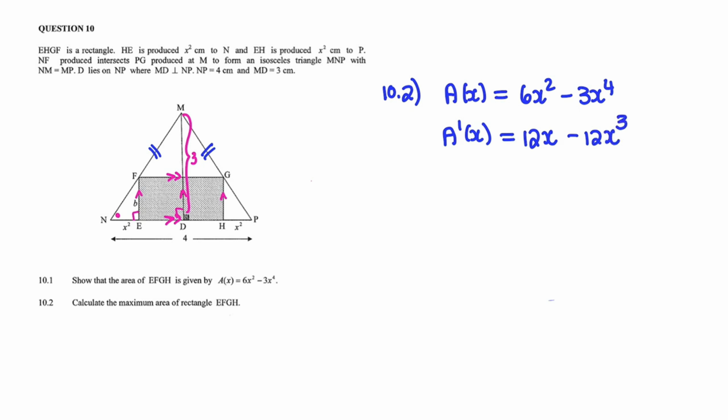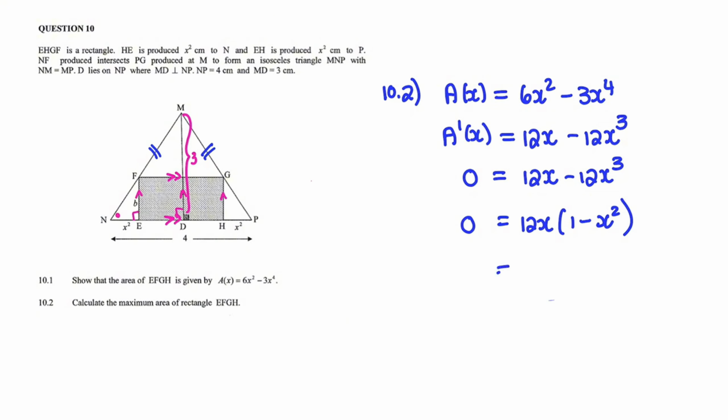And when I set that equal to 0, I have 12x minus 12x cubed. And I can factorize out a 12x. So I'm left with 1 minus x squared.